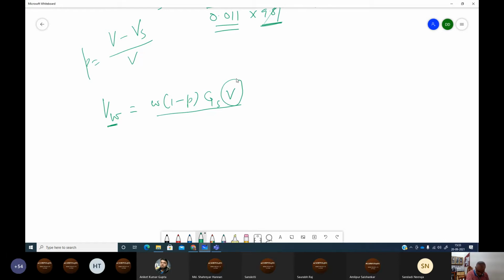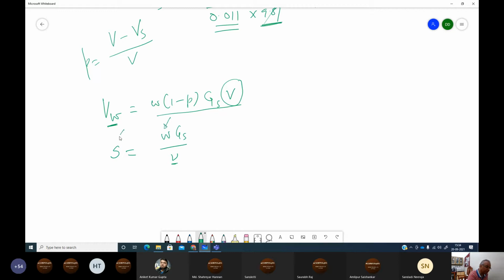Another important formula is saturation, degree of saturation. This is formula number 2.20: S equals w Gs by e. This is void ratio. Now, this is a very important relationship, that degree of saturation is related to moisture content.